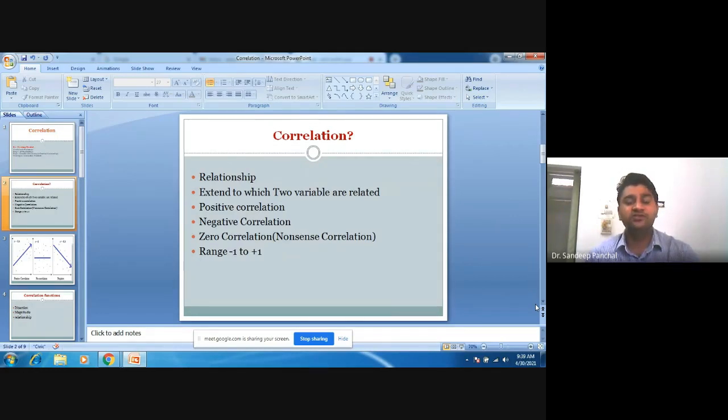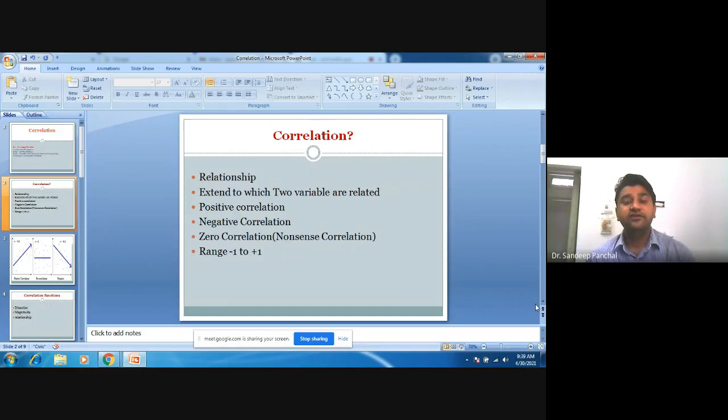Correlation simply means we want to establish the relationship. We want to have a relationship between the stimuli, between the variables, between the persons, between the situations.